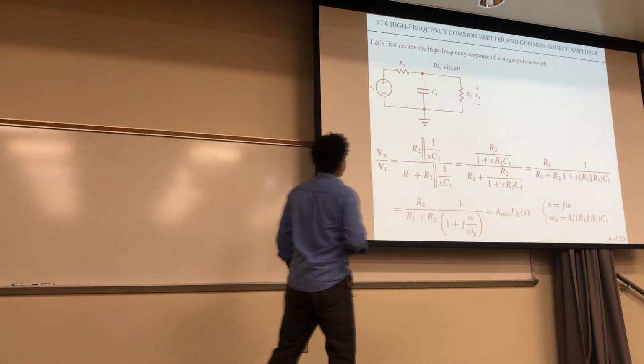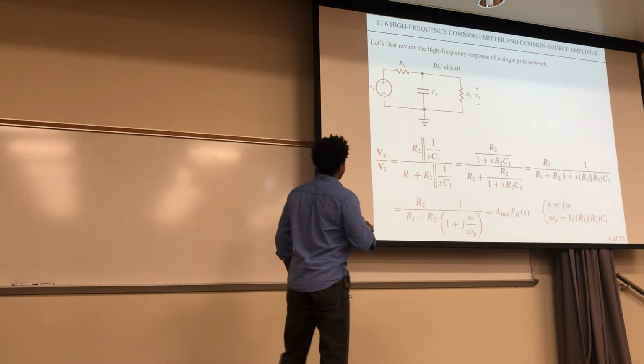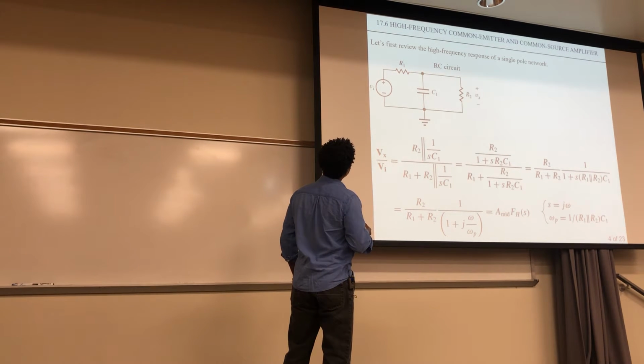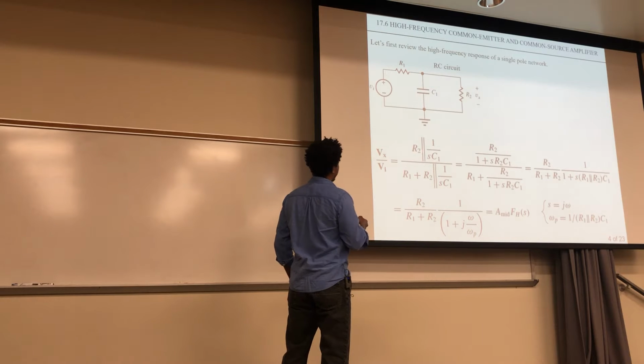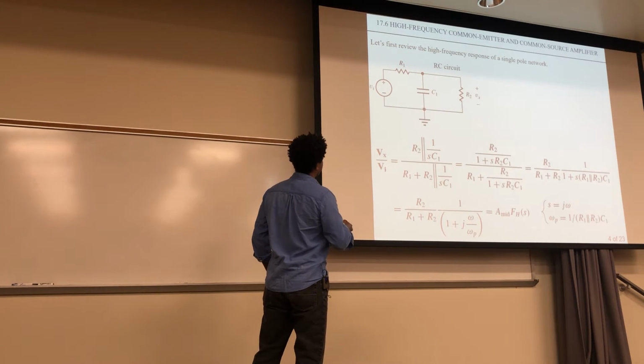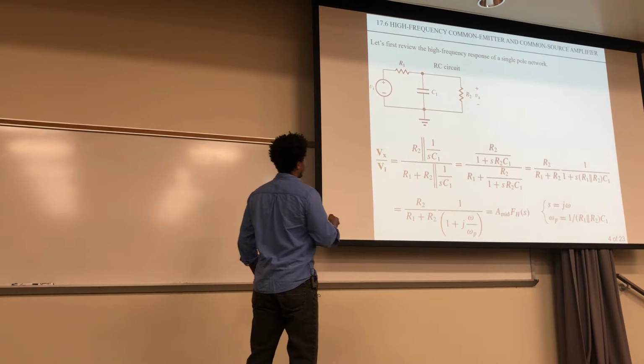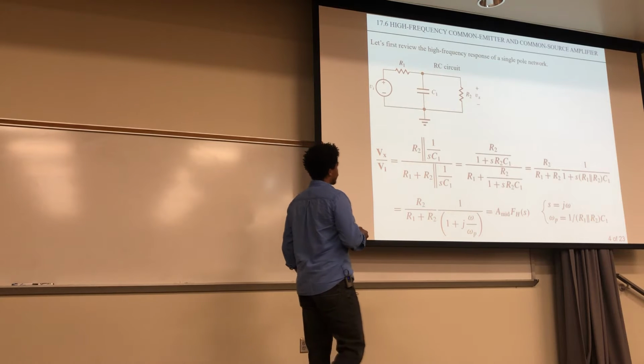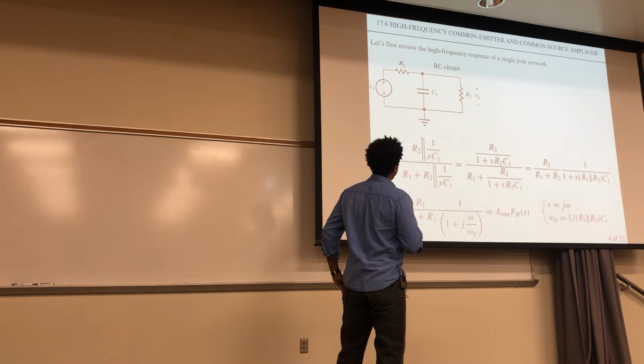By voltage division, the resistance here is these two in parallel, so we have R2 multiplied by the impedance 1 over SC1, divided by R1 plus this resistance in parallel. If we take this and work it out, we get this expression.